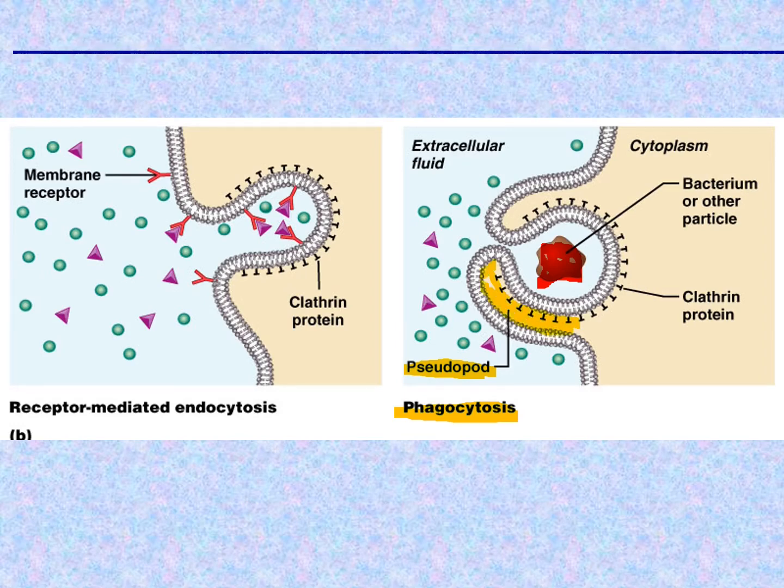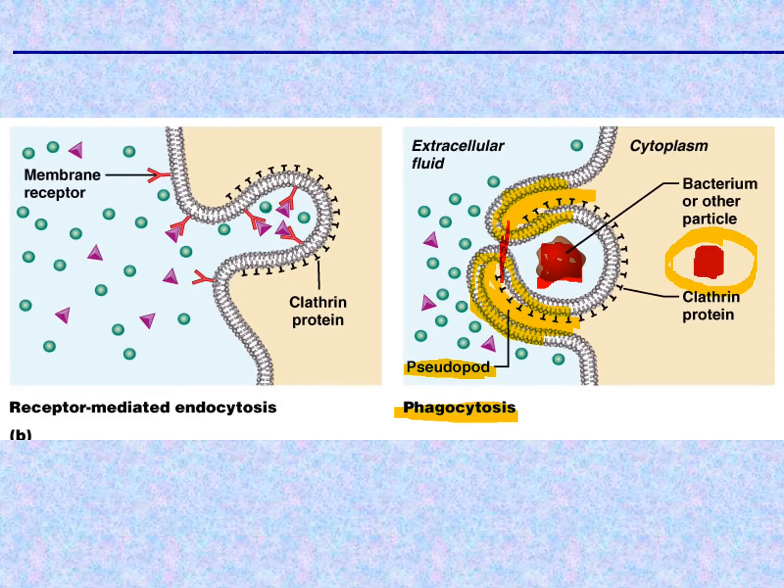All of this is a pseudopod. Here's a pseudopod on the other side, stretching out. They stretched out and surrounded the solid object, and eventually will fuse at this area right here, so that you get, in the end, a membrane-bound vesicle with the solid object inside of it.